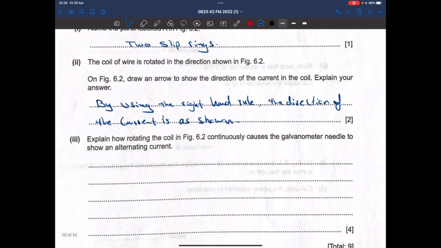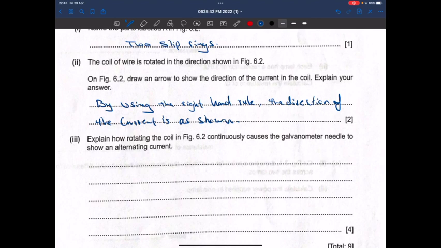Explain how rotating the coil in figure 6.2 continuously causes the galvanometer needle to show an alternating current. So the direction of the current will be alternating from right, left, left, right, and so on. We have 4 marks here, so we need to write some different information, like by rotating the coil, it could cut the magnetic field lines, and there is a current produced.